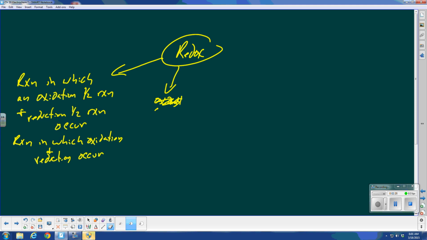What is oxidation? Well, this is a half reaction in which electrons are lost. I always remember the O. So if we look at sodium becoming sodium plus 1 electron, that represents oxidation.